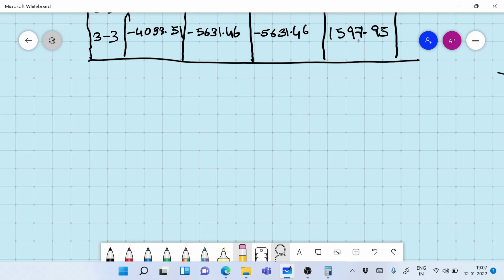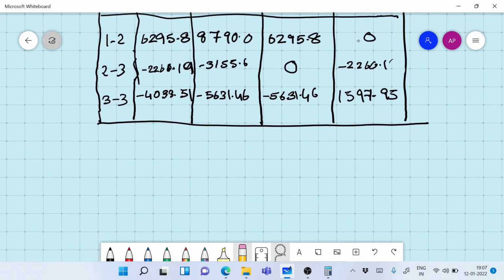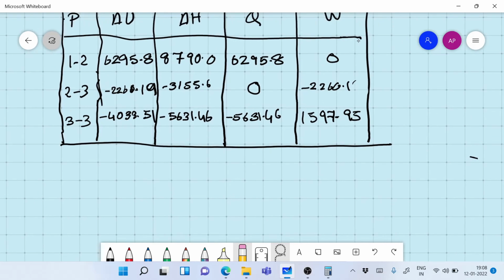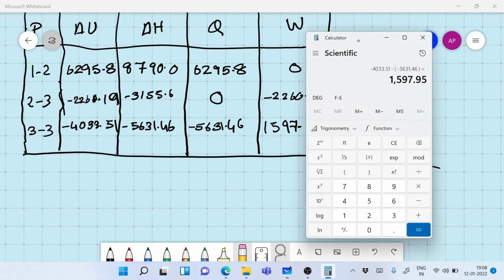Now, before we end this problem, we should make a thorough check. We should check that the summation of delta U and the summation of delta H is equal to 0. If this is confirmed, then we are sure of all our calculations, because for a cyclic process, delta U is equal to 0 and delta H is equal to 0. So let's go ahead and do it.